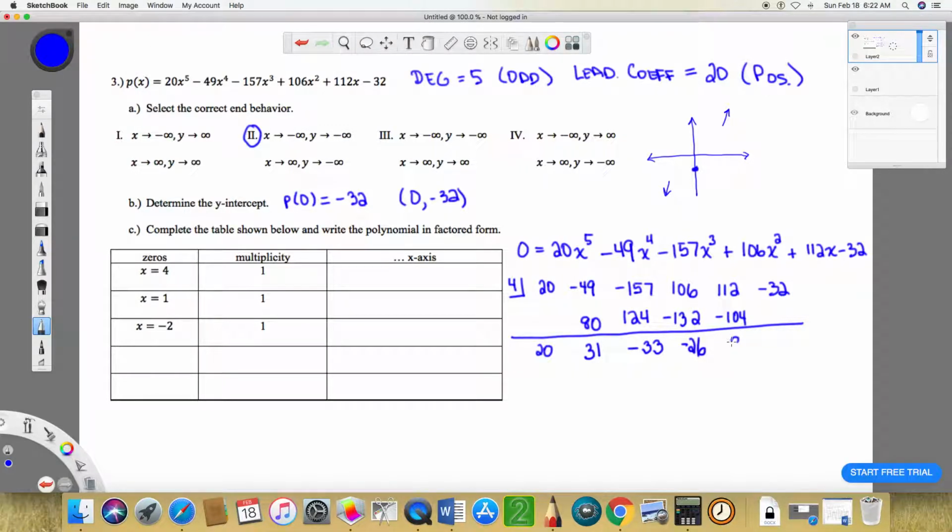So we do get a 0, so that's good. Now let's come down and do it with 1. And we should get a 0 here as well.